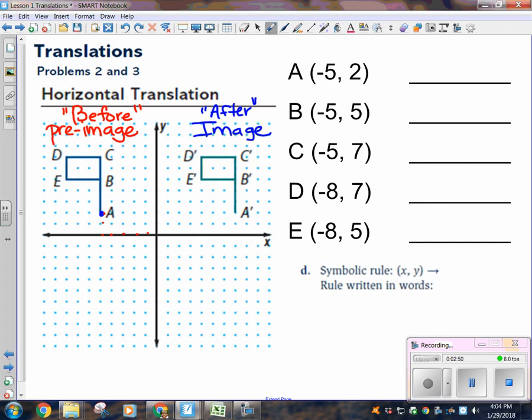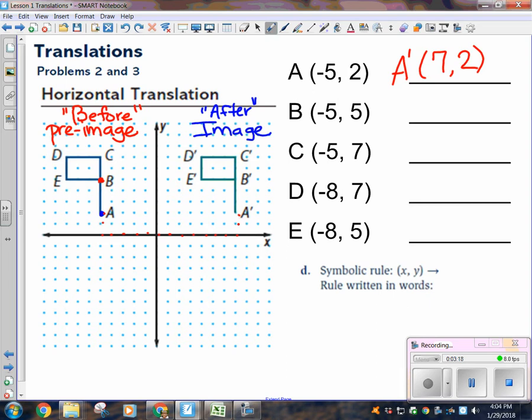How do I get to A prime? Well, from the center, I would go 1, 2, 3, 4, 5, 6, 7, up 2. So I'm going to write that down. This is not the first point A, it's A prime. You put a little accent mark, and you say prime. So we said that was 7, 2. All right? Now, I want to do the same thing. When I go to B, it says I go -5, 5, so I go back 5 and up 5.